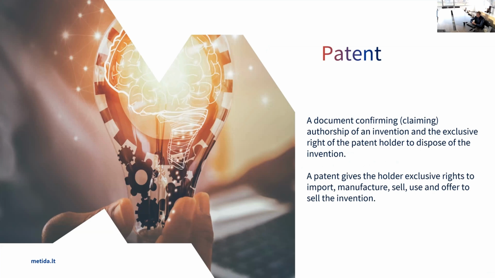So talking about patents in general, because it's very important to understand what a patent is. A patent in general is a tool of monopoly. So it means that a patent is not a document that gives you a right to sell or commercialize a product, but mostly to block others from making a business from this invention.